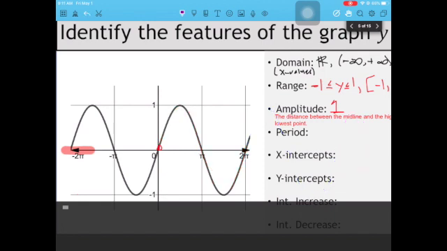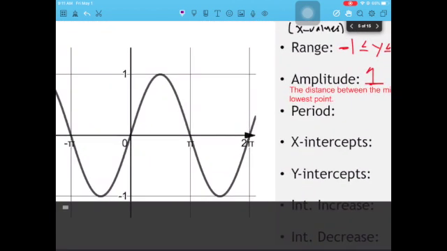So the length of one period is going to start right here, and then it's going to end right at 2 pi. This is what we call one period. It's like one cycle around the unit circle.